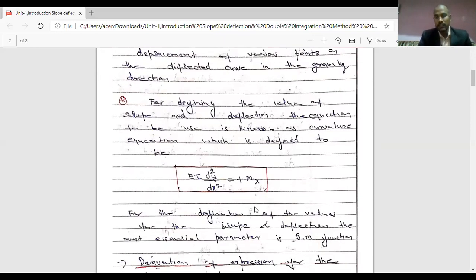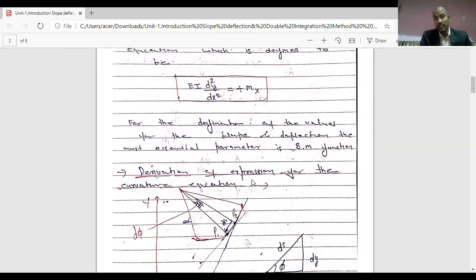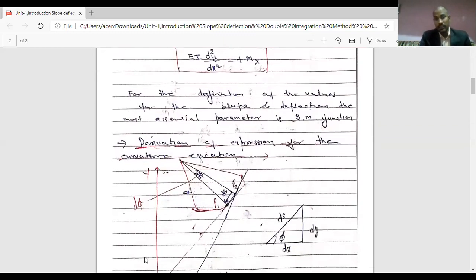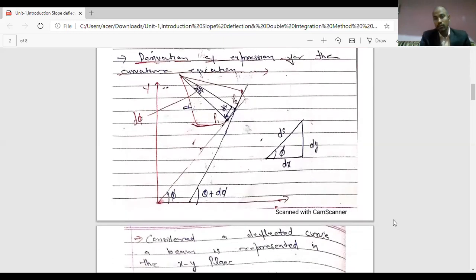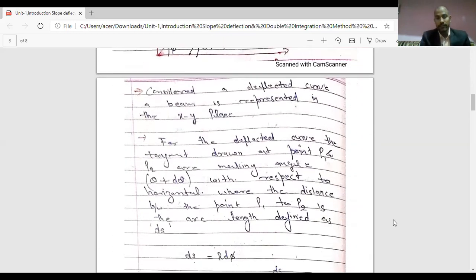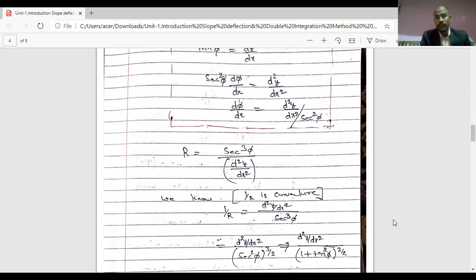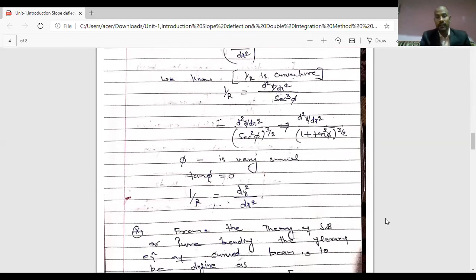Here we learn the curvature equation. This equation we learn: EI d²y/dx² equal to Mx. This equation is derived from this expression. So from this equation we derive 1/R equal to d²y/dx², right.